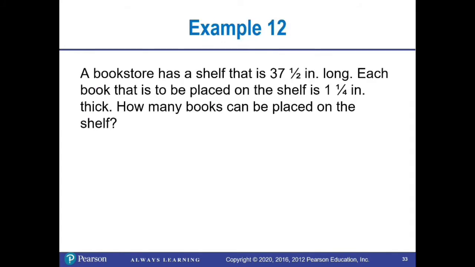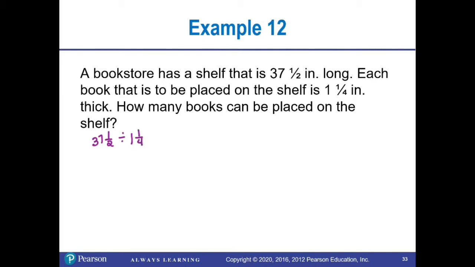Look at example 12. A bookstore has a shelf that is 37.5 inches long. Each book that is to be placed on the shelf is 1¼ inches thick. How many books can be placed on the shelf? In other words, we're dividing 37.5 by 1 1/4.